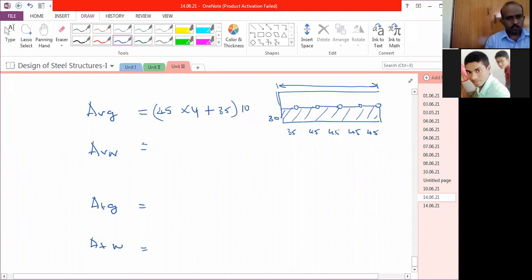Okay, so that is the gross area. Net area means you have to reduce the bolt holes. Please give me the answer, anyone.